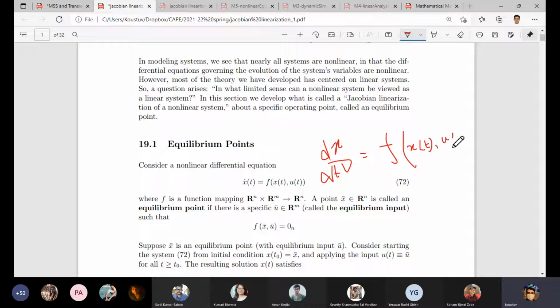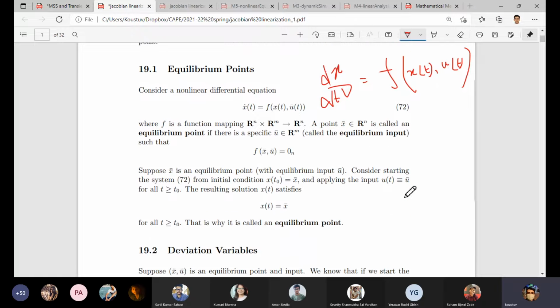It could be some mathematical function, and at x bar and u bar, the function value goes to 0. That means these two points are steady state points, which we also call equilibrium points. This definition will be clear to you now, and why we call it an equilibrium point.